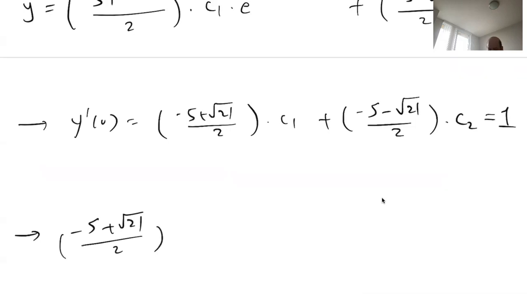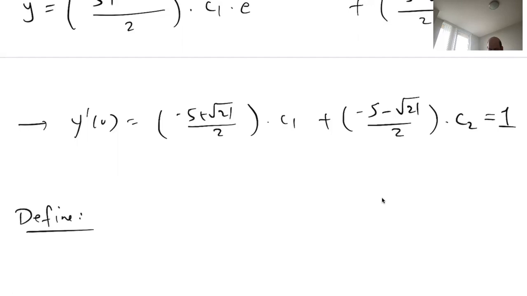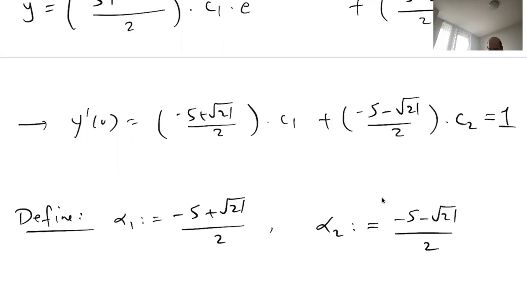Maybe I can call this number alpha 1 just for simplicity. Define alpha 1 as minus 5 plus root 21 divided by 2, and alpha 2 as minus 5 minus root 21 divided by 2.